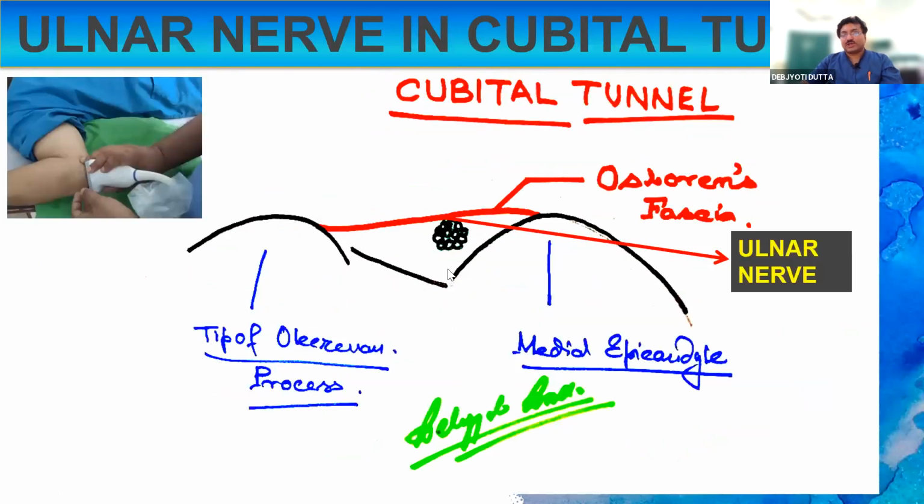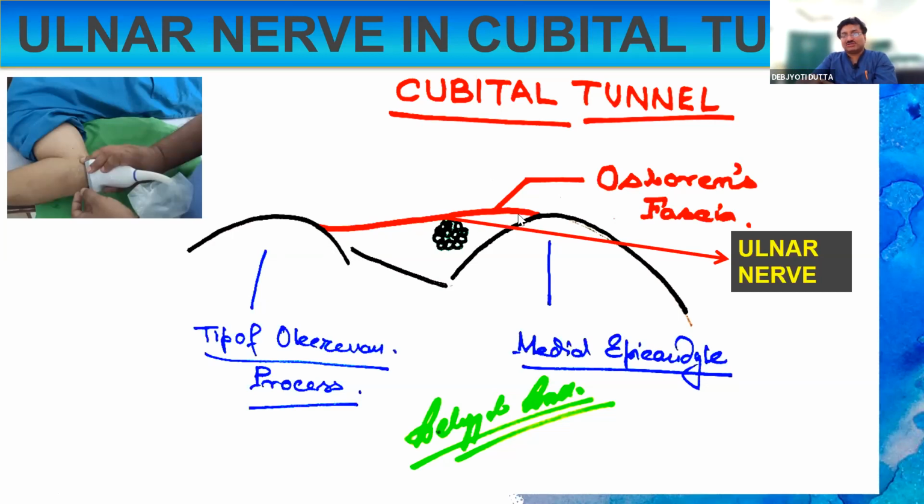Next, it is very important to evaluate the cubital tunnel, because cubital tunnel syndrome is also a very important area. When the ulnar nerve is going through the cubital tunnel, it may be compressed there. So what are the structures that actually compress it? First is the Osborne's fascia.